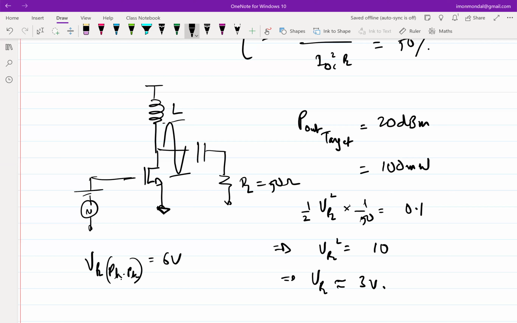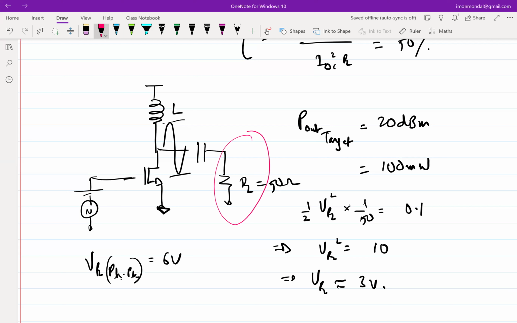So can you suggest a solution then, given everything that we have discussed in this course till now? Right. So the key is, what do I not want to compromise? I do not want to compromise the voltage swing across RL, but I want to reduce the voltage swing across the device, right?